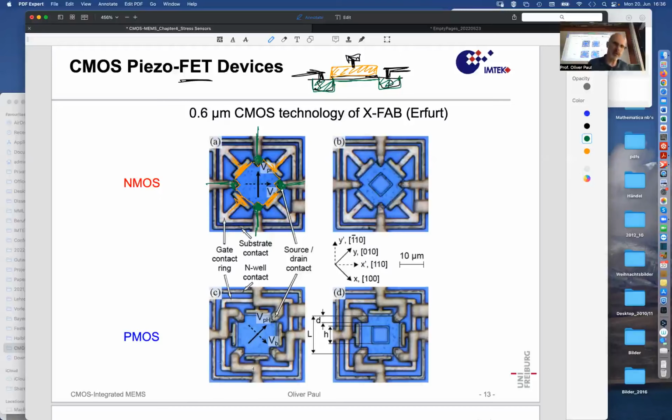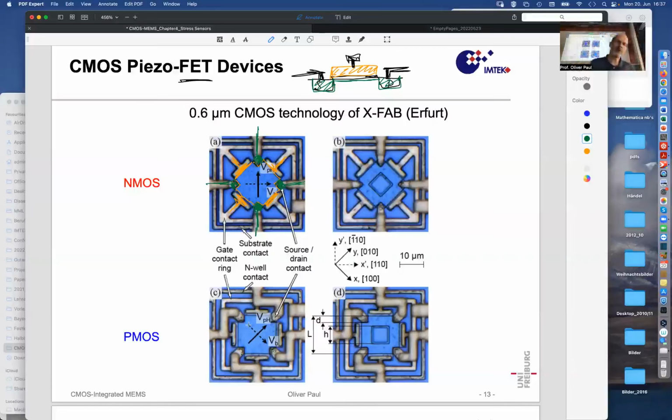So there is an N well, there are 4 sources and drains that you see here now in these 4 corners, and the whole structure is now rotated by 45 degrees. And it makes sense. This makes absolutely sense.